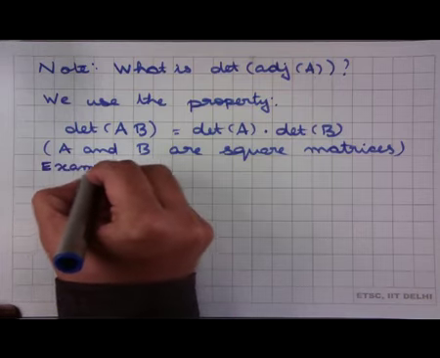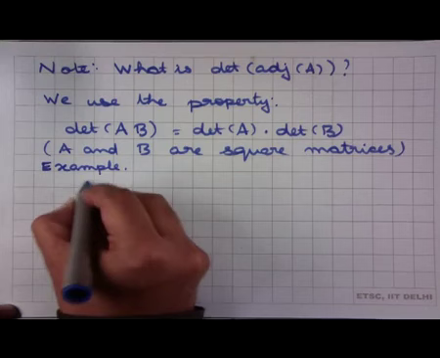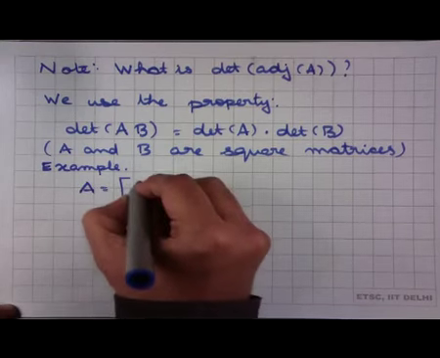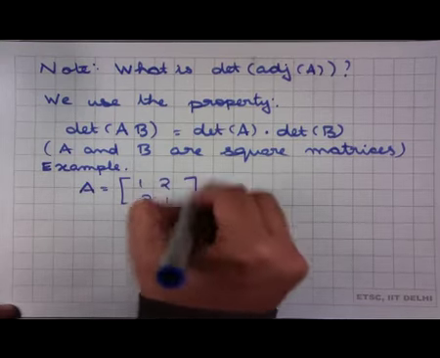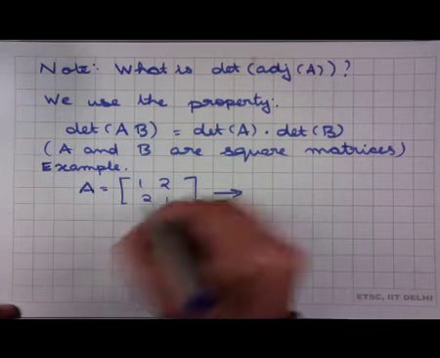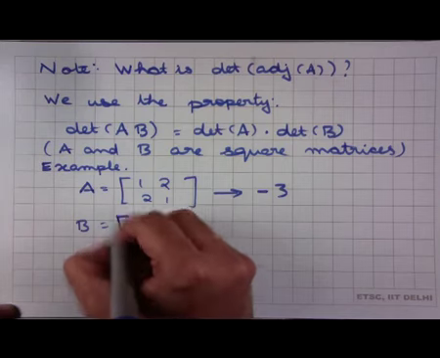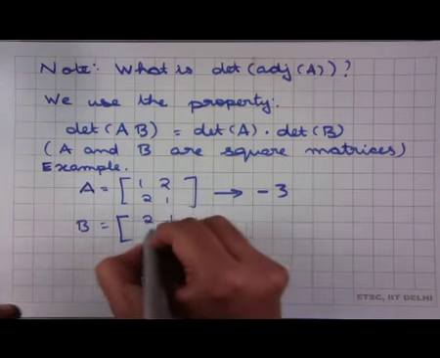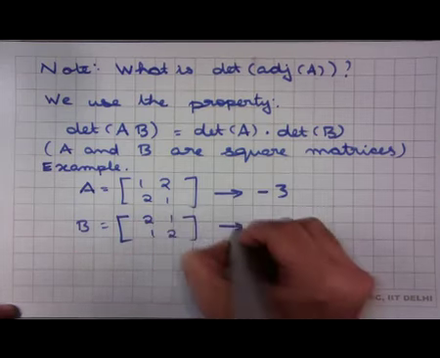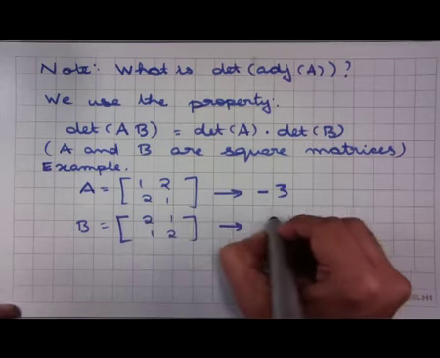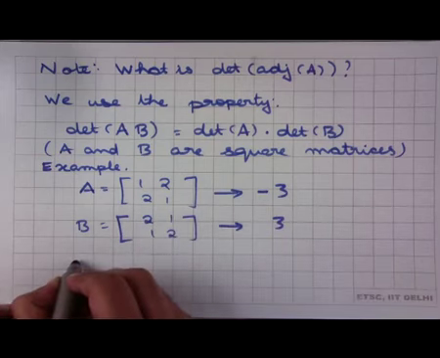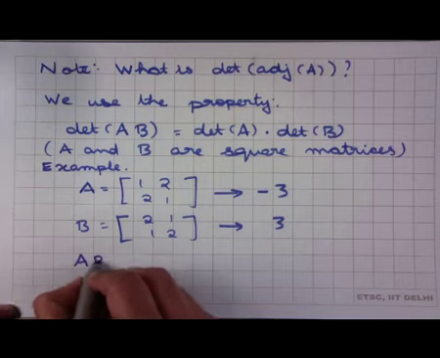So, for example, suppose you take the matrix A as 1 2 2 1, what is its determinant? It is 1 minus 4, so minus 3, and let us say we have another square matrix B which is 2 1 1 2, what is the determinant? It is 4 minus 1, 3. What about their product AB?